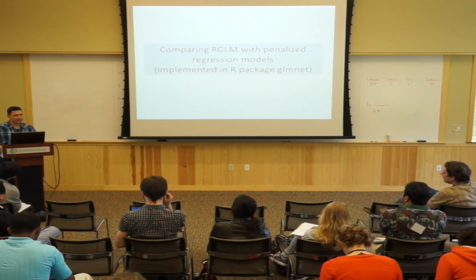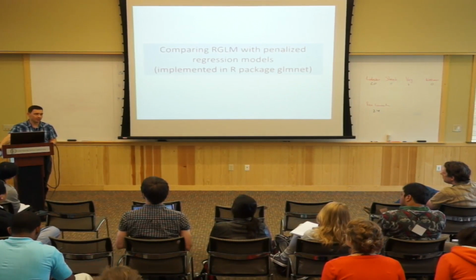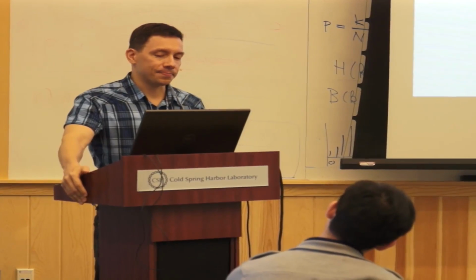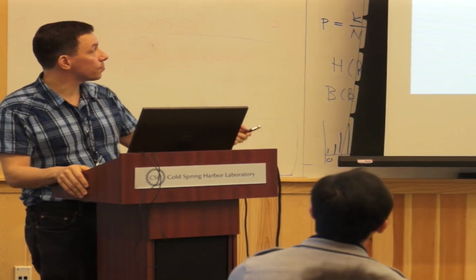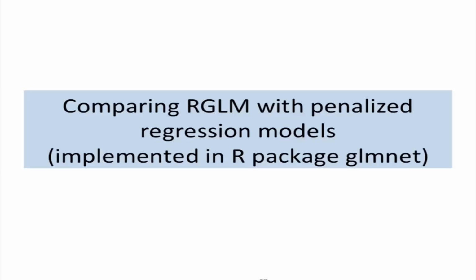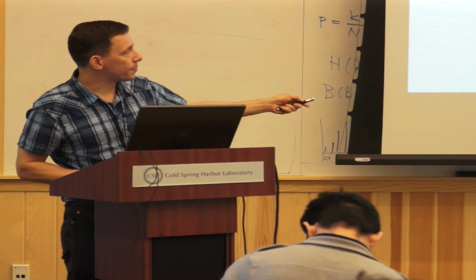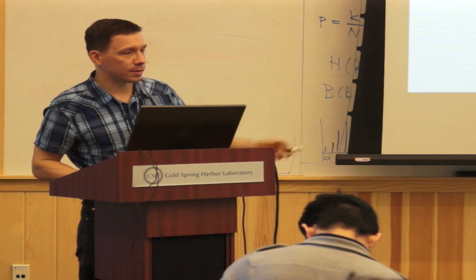Suddenly you would notice that the calculation could take several hours. In contrast, there's an approach, these penalized regression models, for example, Lasso and ElasticNet. They are fast, they're viciously fast, which makes them very attractive. And I'll just mention an R package called GLMNet that implements these.